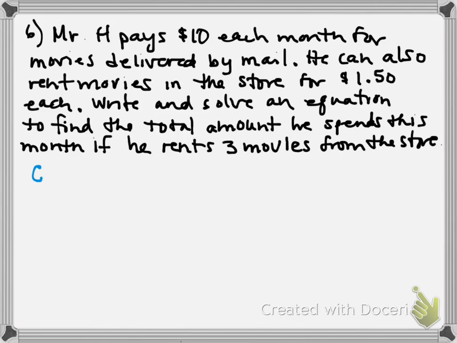What do you think C will stand for? Cost. Yeah. What cost? Of the movies? Not just of the movies. What's the C going to stand for? Cost per month. Yeah, this is going to be the total cost per month with 3 movies.